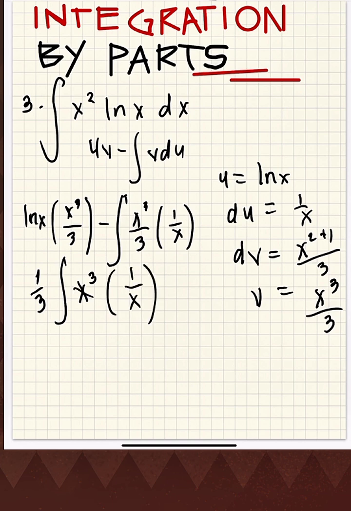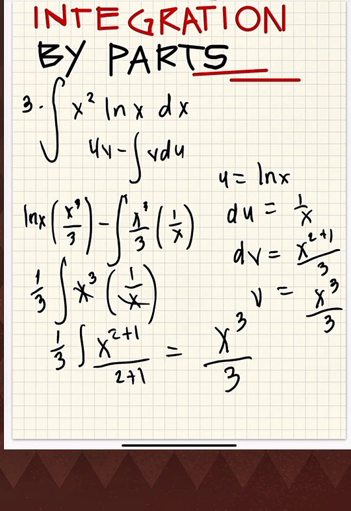So this is cancelled. So what will be the remaining is x squared. So the integral of it, we can use the power rule, which is 2 plus 1, is equal to x cubed over 3.